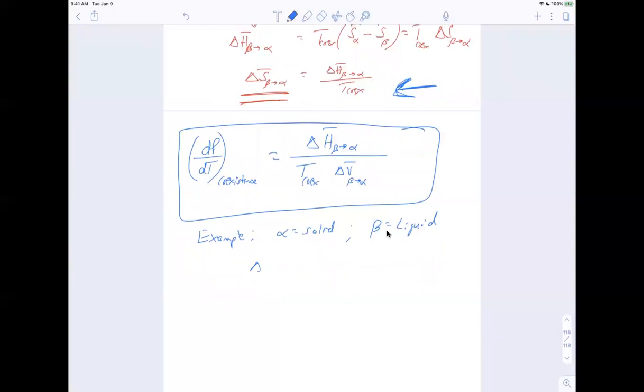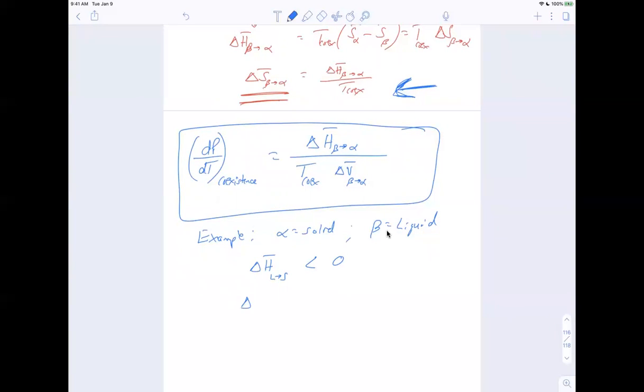Delta H bar is going to be the molar enthalpy for freezing or solidification, and this is going to be less than 0. It's going to be negative. If you want to go from liquid to solid, you're going to have to extract energy from that liquid.